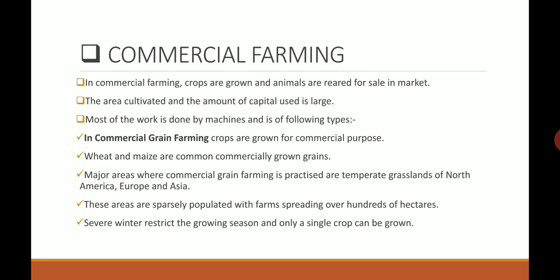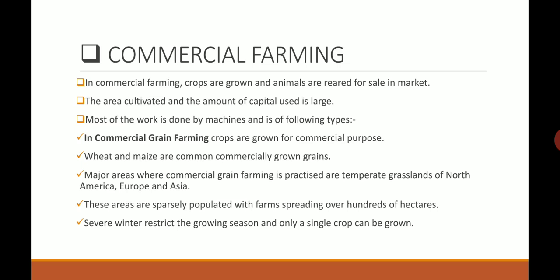If we talk about commercial grain farming, the crops are grown to be sold in the market. Wheat and maize are the commonly grown crops. The major areas where commercial farming happens are North America, Europe and Asia.